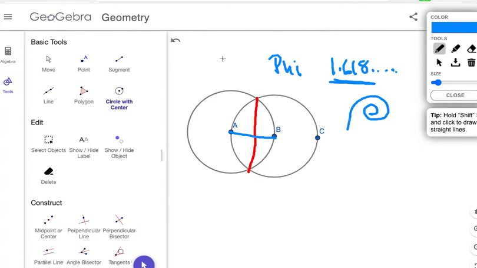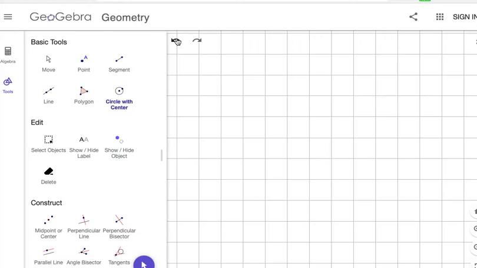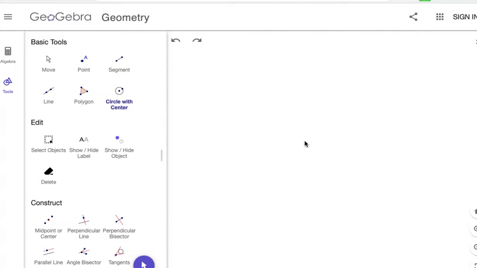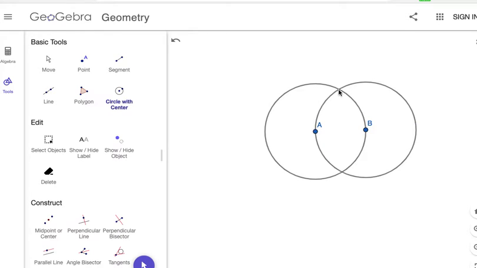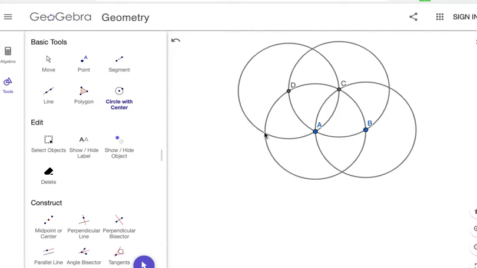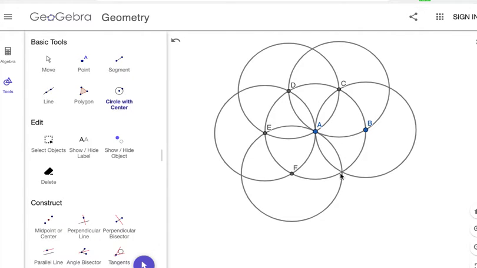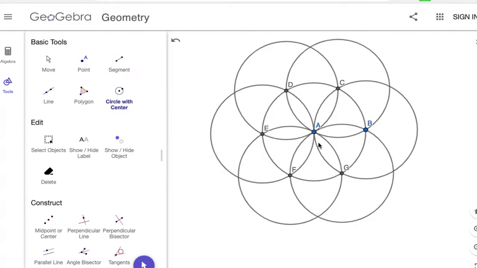So maybe it's possible that every time we draw the seed of life, we're also drawing something with some of the proportions of phi, the Fibonacci spiral, or the golden ratio. So what we learned to make the seed of life is if we draw a circle, 6 of them will fit around perfectly. And from there we learned you can actually connect the dots and make the most common geometric shapes that are regular, have equal or congruent sides.